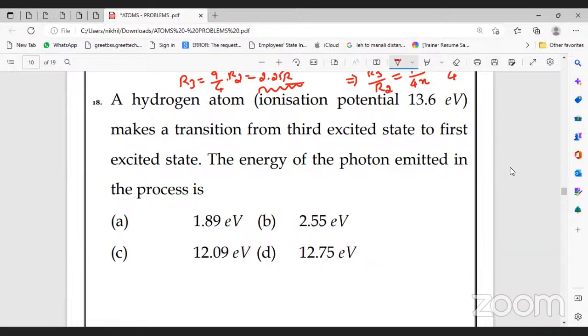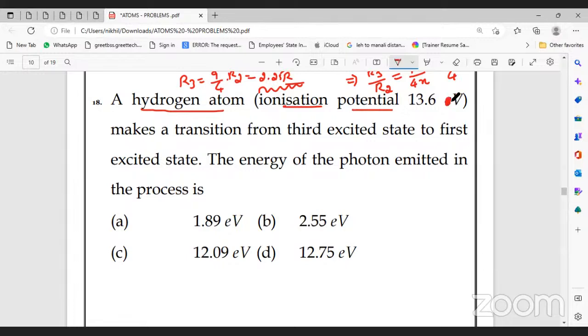Come to the next problem. Which atom are they talking about? Yes, they are talking about the hydrogen atom. What is ionization potential? It is 13.6 volt actually.